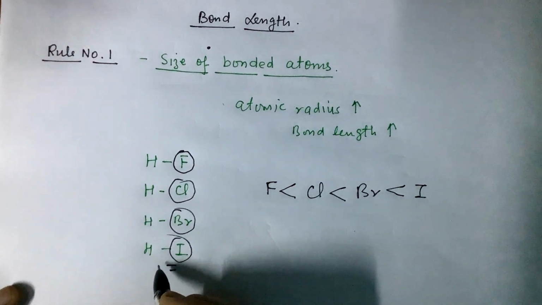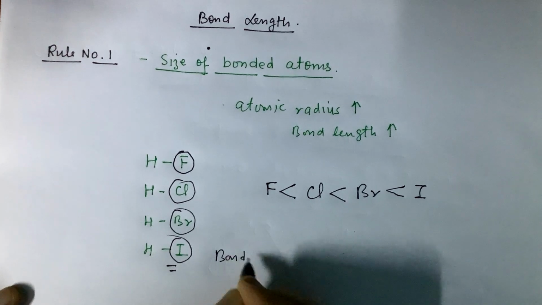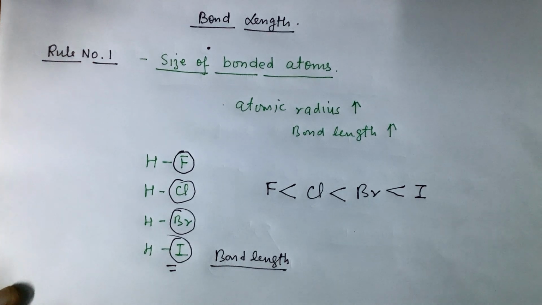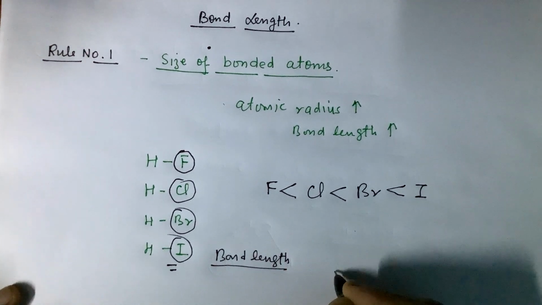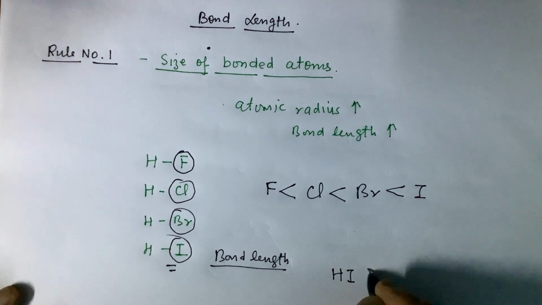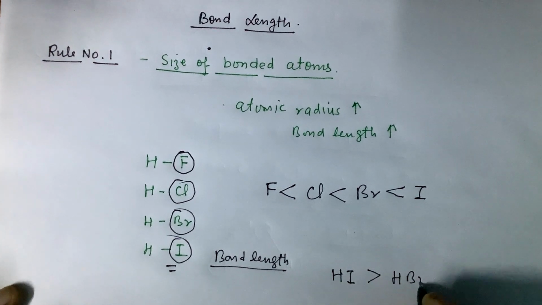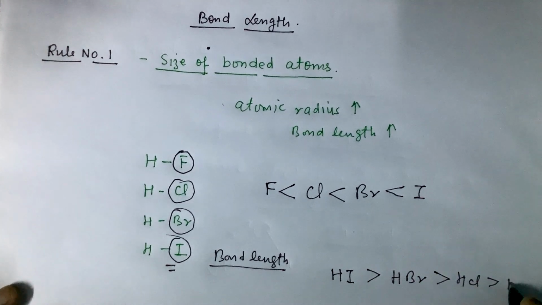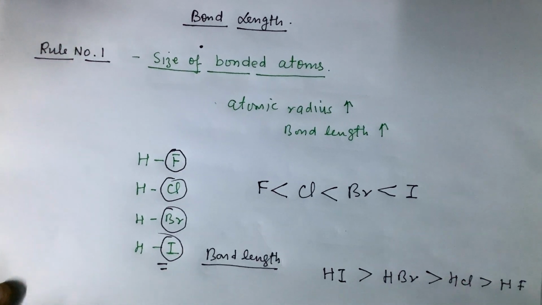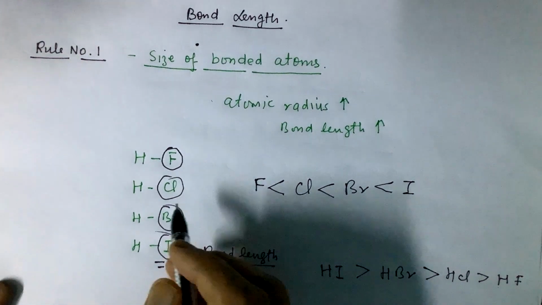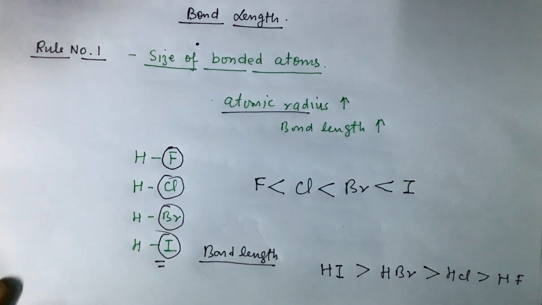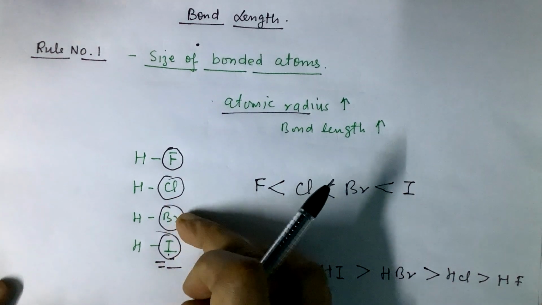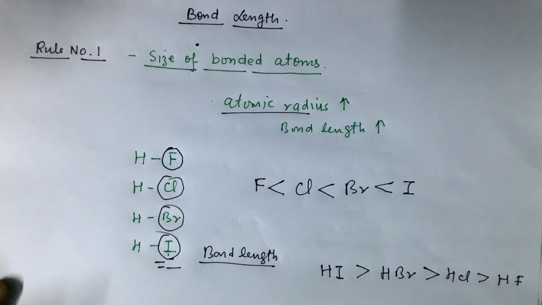So HI bond length will be more. The order of the bond length will be HI greater than HBr, greater than HCl, greater than HF, because the atomic radius of iodine is more than that of bromine, chlorine and fluorine.